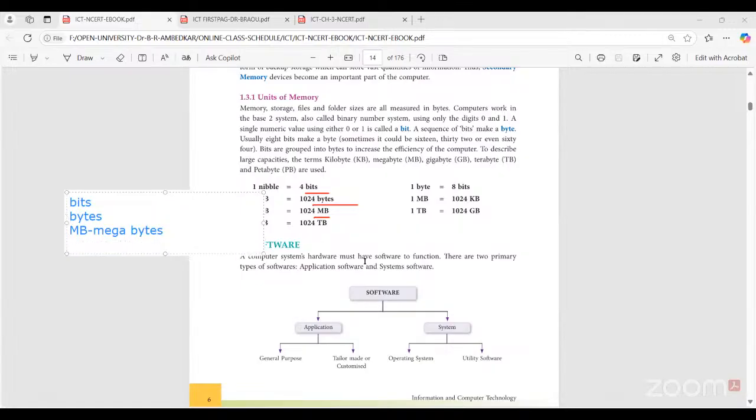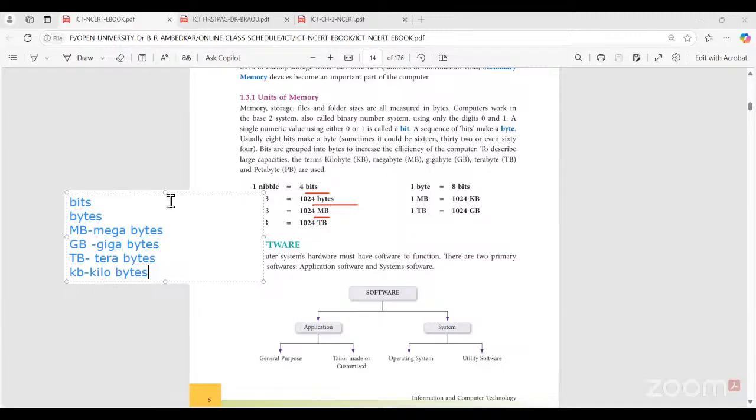Next, measure in terms of GB, that is gigabytes. And next in terms of TB, that is terabytes. Okay. Next, we can measure in terms of KB, that is kilobytes. So if you understand, these are the kinds of measurements.